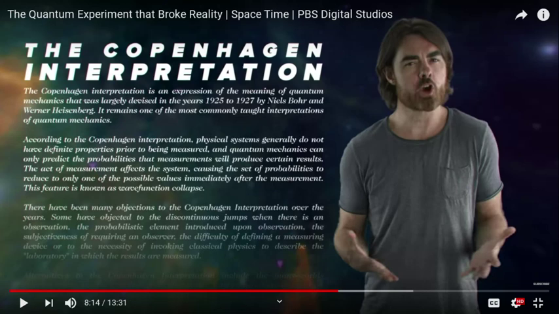Physical systems generally do not have definite properties prior to being measured, and quantum mechanics can only predict the probabilities that measurements will produce certain results. All they can do in their science, when they say that we have answers, even on the quantum level, is predict the probabilities that measurements will produce certain results.